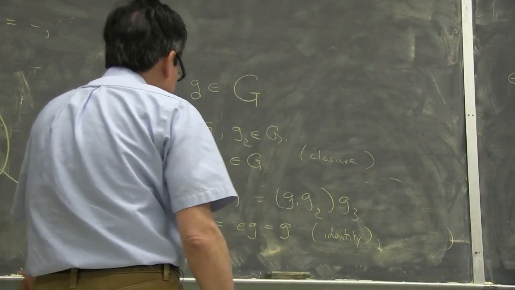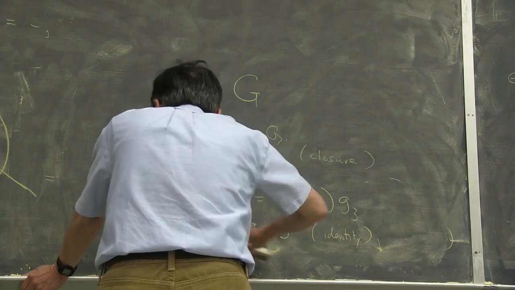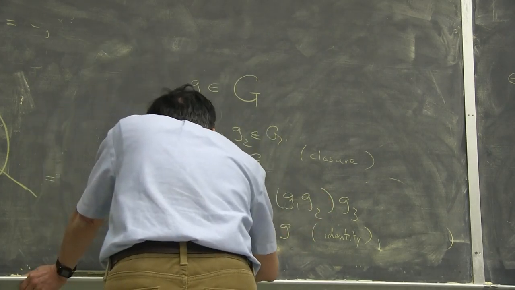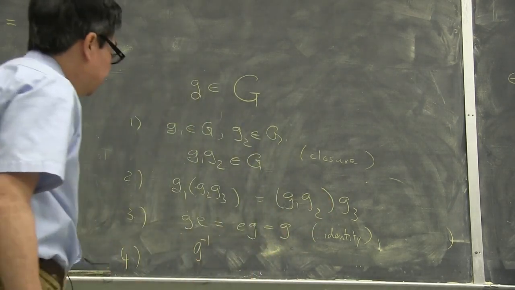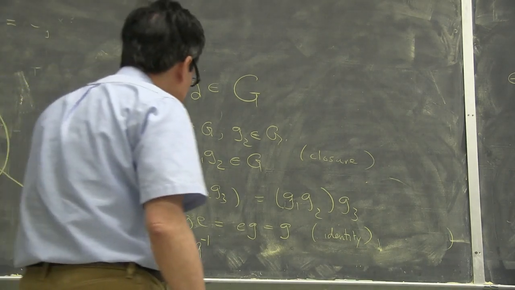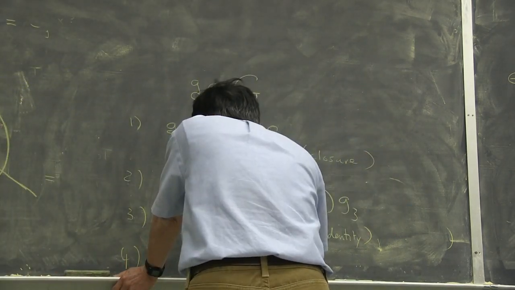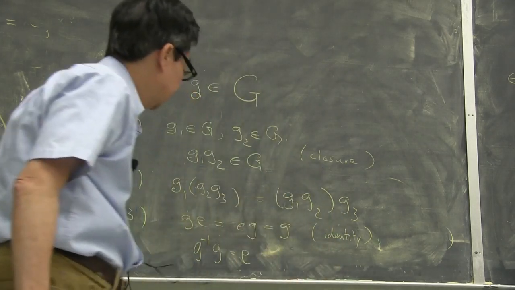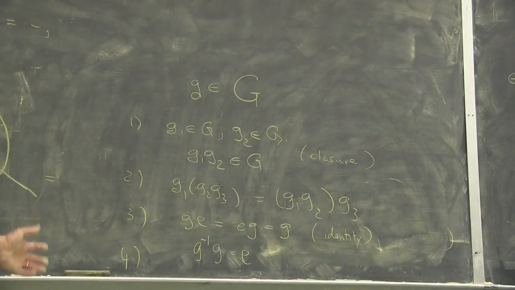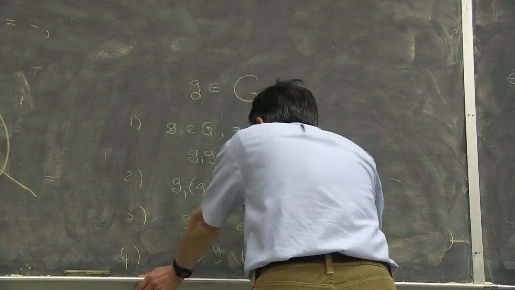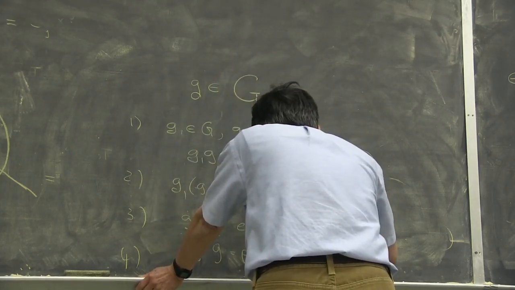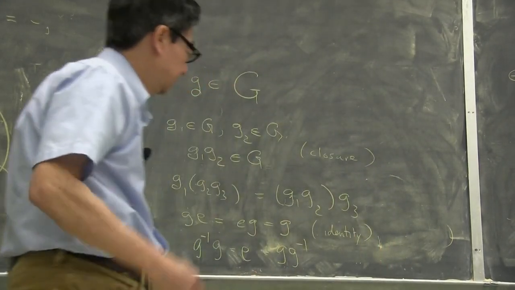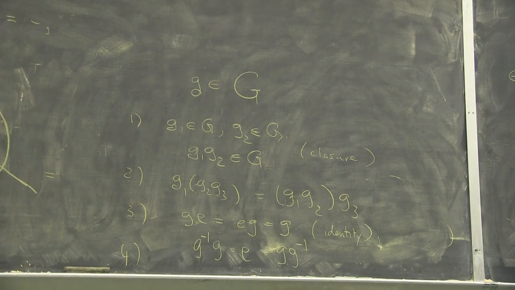Given any group element G, there exists an inverse that we are going to write as G inverse, such that G inverse multiplied by G is equal to the identity element. And given this, you can also show that it is also equal to G times G inverse in the other order.